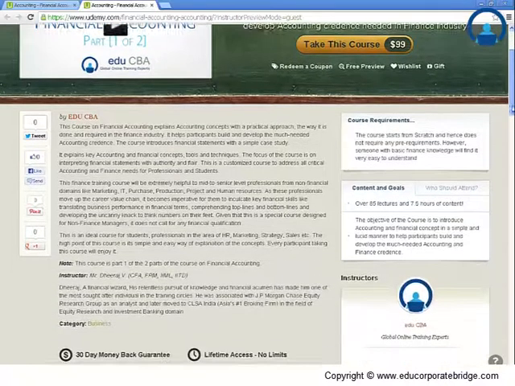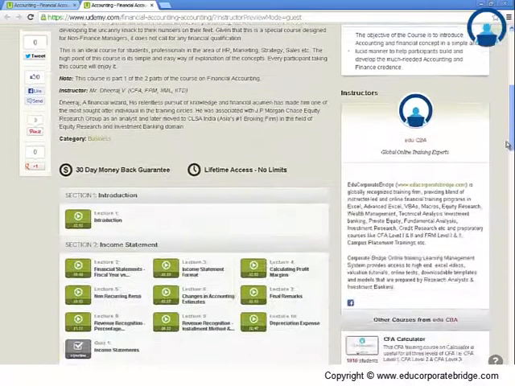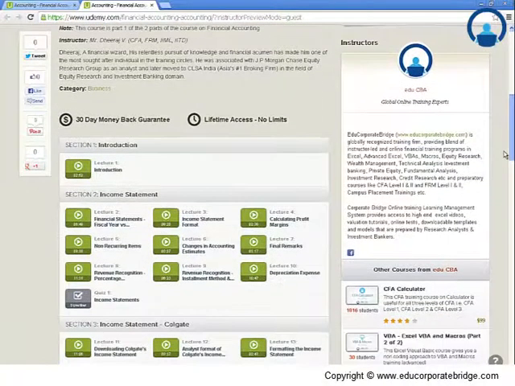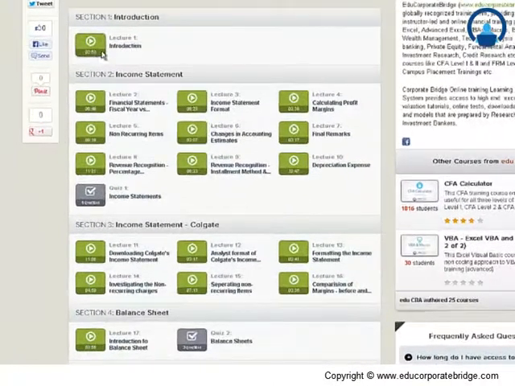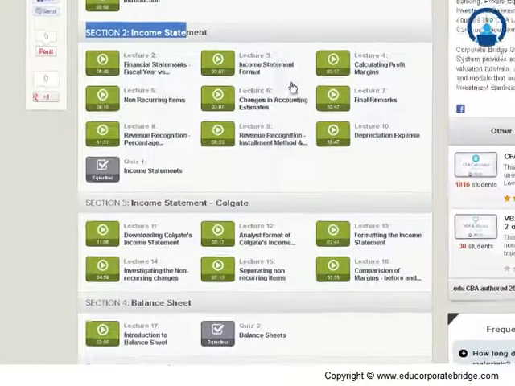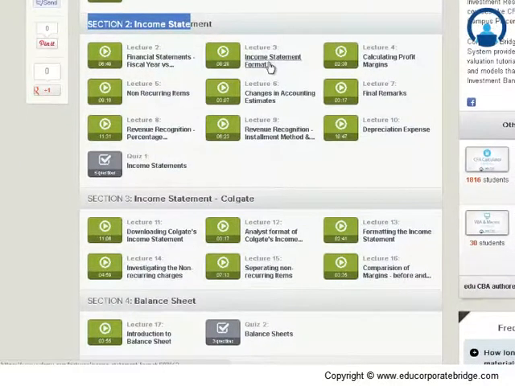Part 1 primarily introduces you to the world of financial statements. Financial statements are like income statements, balance sheets, and cash flows. So here you can see, we have introduced you to income statement, what is fiscal year, what is calendar year, what is the typical income statement format, what are the profit margins, how do you go about looking at non-recurring items.